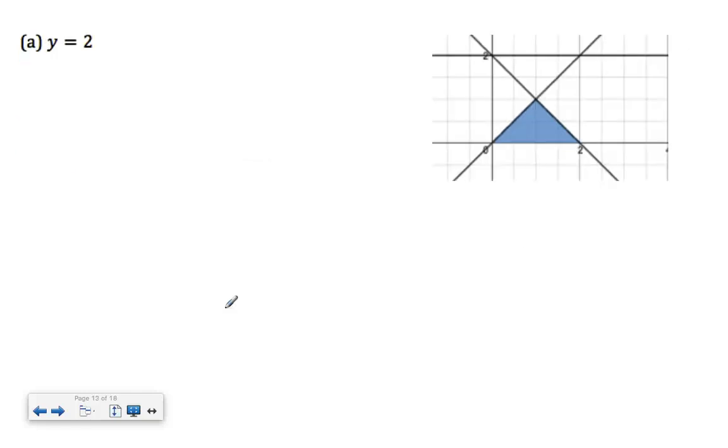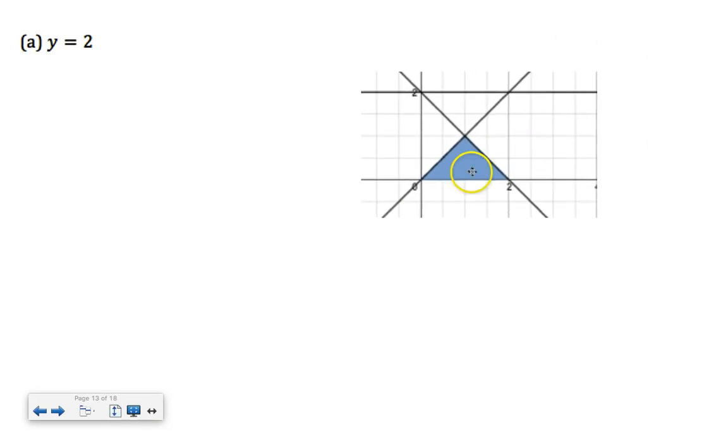Okay. For the line y equals 2, I notice that this is my axis of rotation. I still have a horizontal rectangle, which means I'm going to use a horizontal shell.